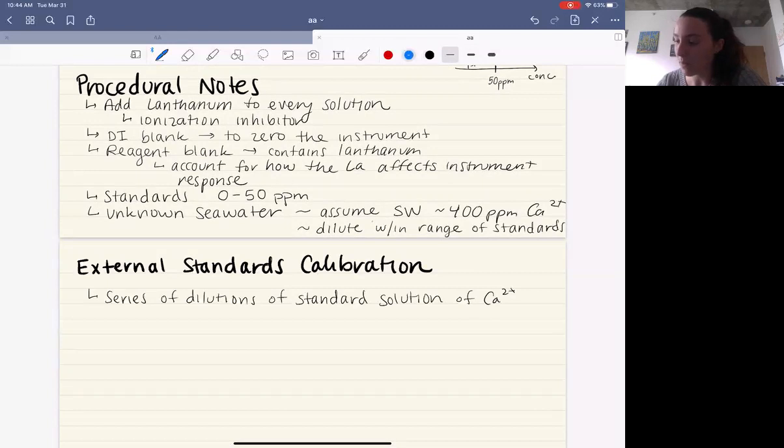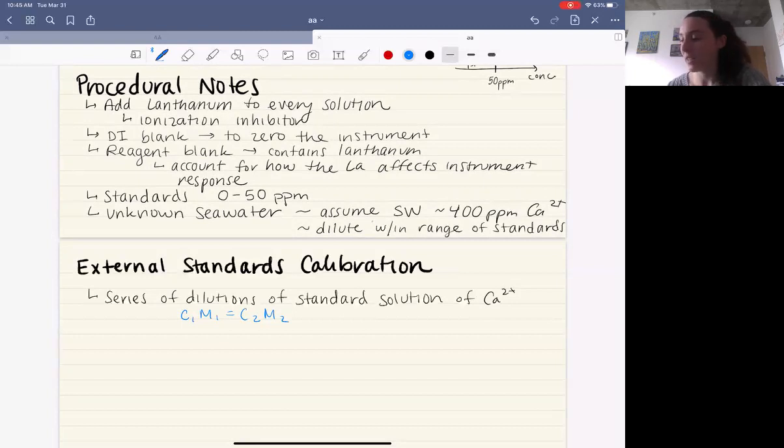And just remember that the dilution equation might look something like this, where you take the concentration of your initial solution, multiply it by the mass of that solution you would need in order to make a solution with a final concentration of C2 of some final mass.